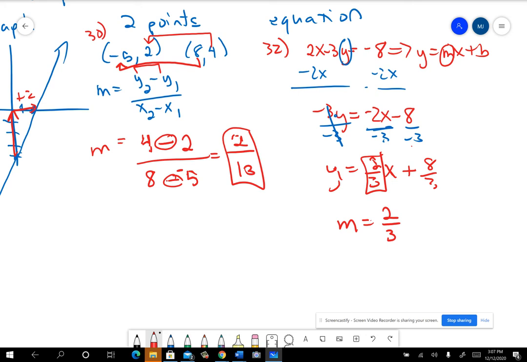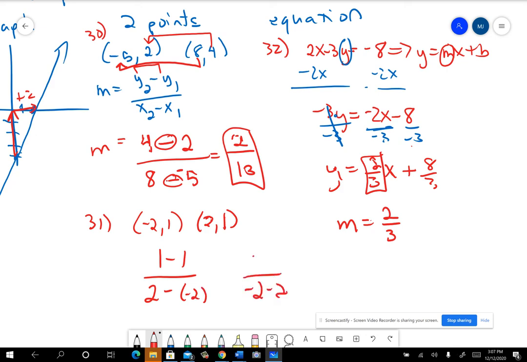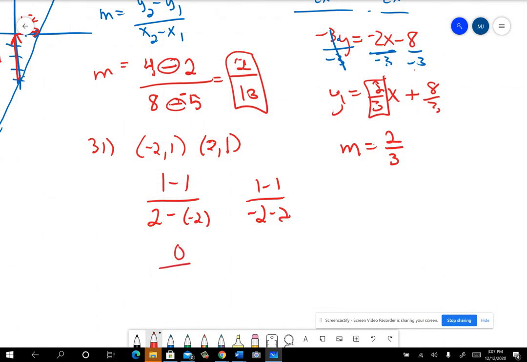Okay. And then when you had the problem like on 31 where you had 2 points, when you go to plug things in, it would be 1 minus 1, regardless of whether you did 2 minus negative 2 or negative 2 minus 2. Either way, you're getting a 0, but it's on top.